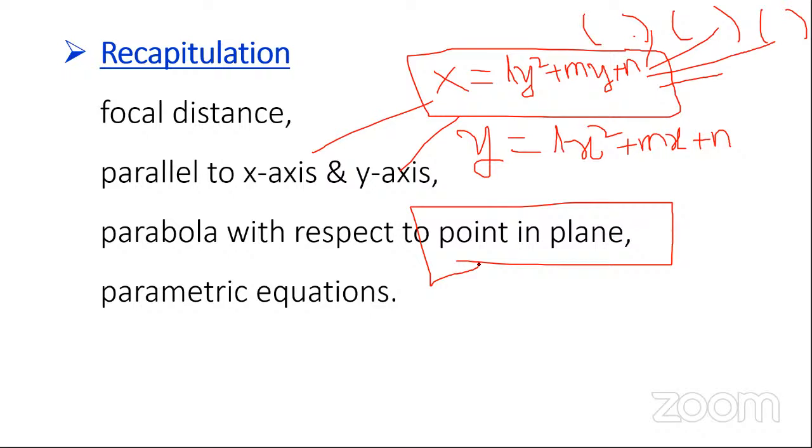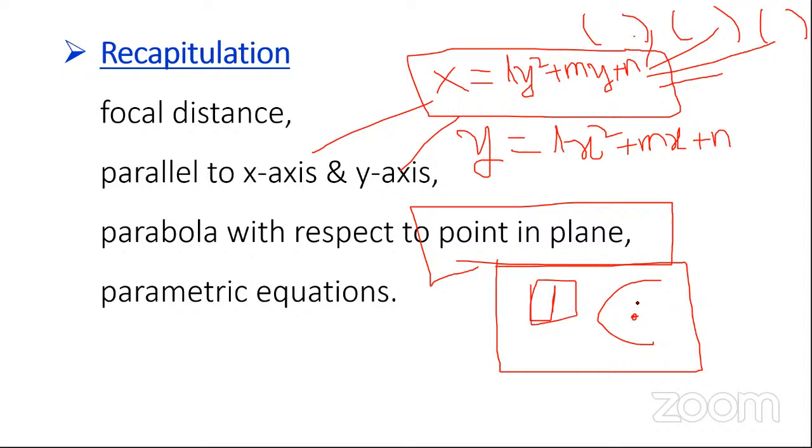Generally a parabola divides a plane into two parts, interior and exterior. Interior means the part having the focus. I'm taking the focus here, and the part other than the focus is called the exterior part, and this is the interior part.